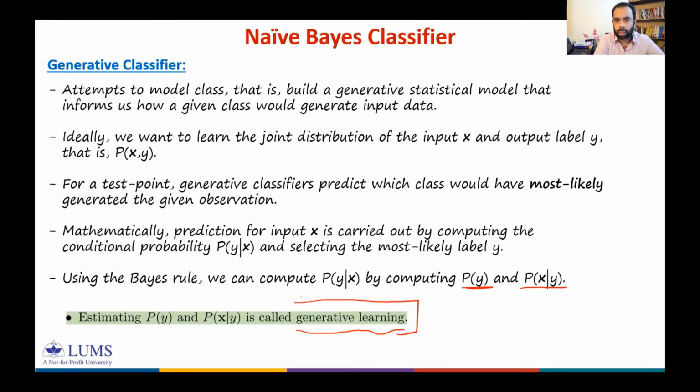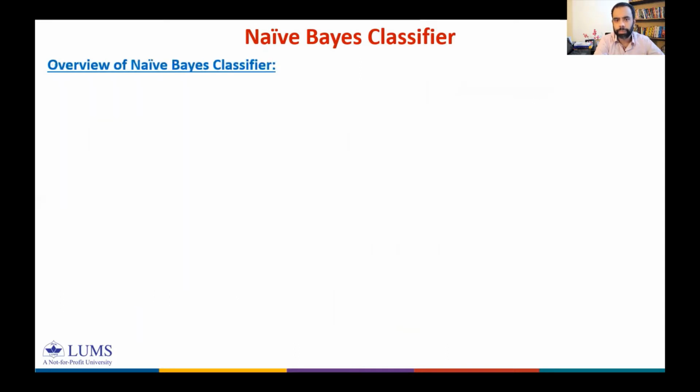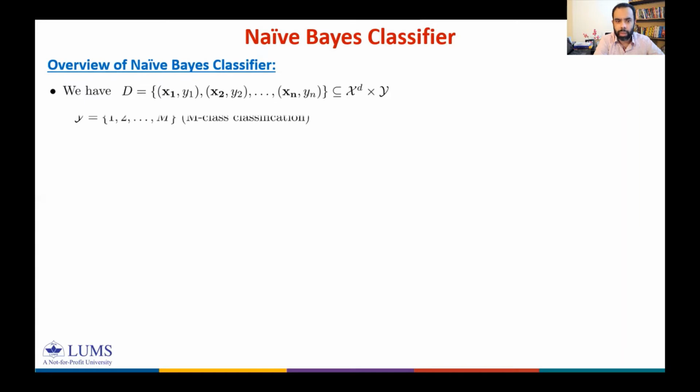Okay, let's mathematically formulate the Naive Bayes classifier. So we have this data. We had been using this notation consistently throughout the course. We assume that we have an m-class classification problem.